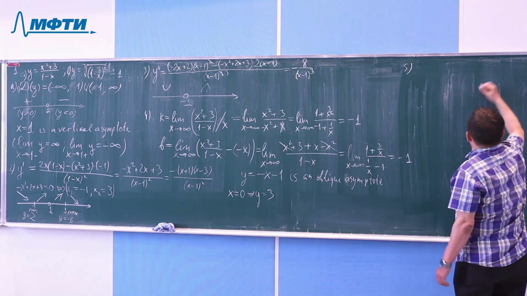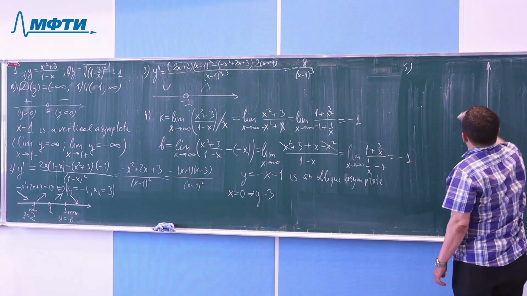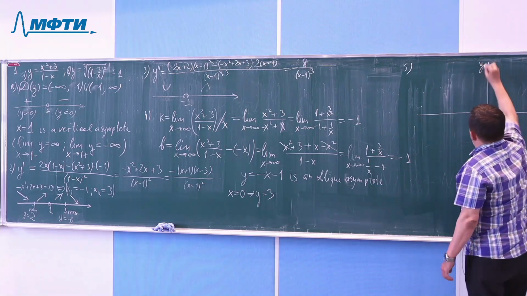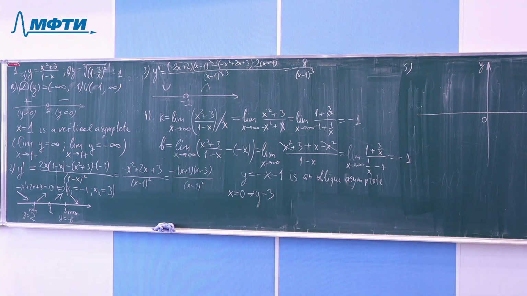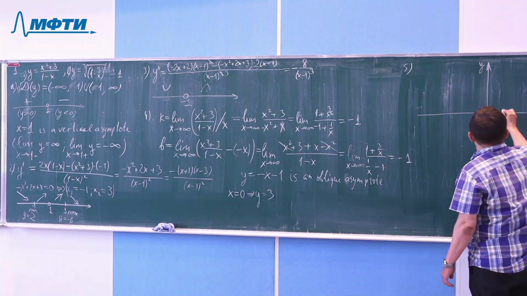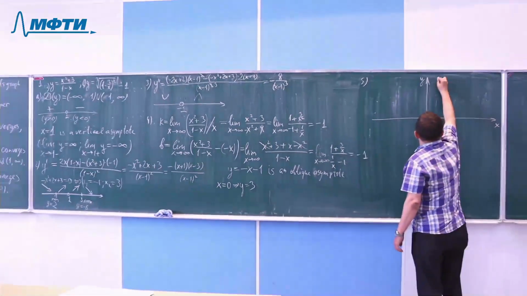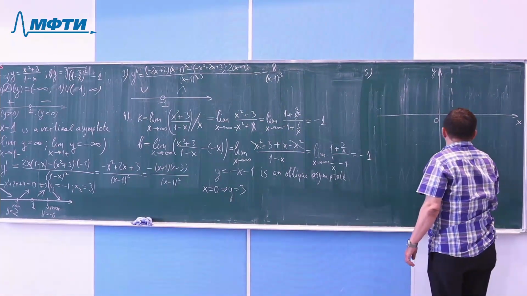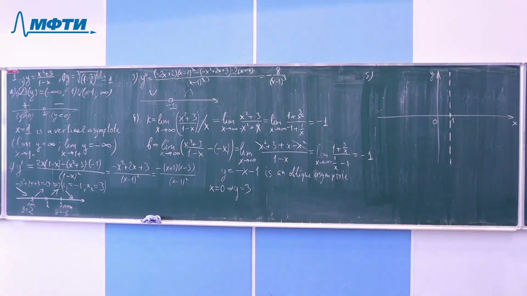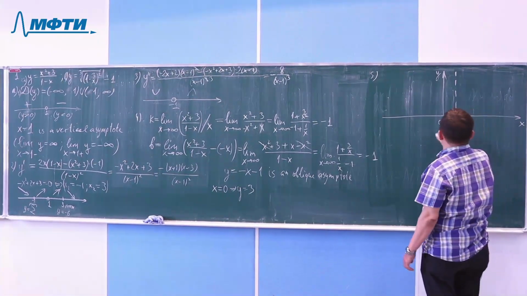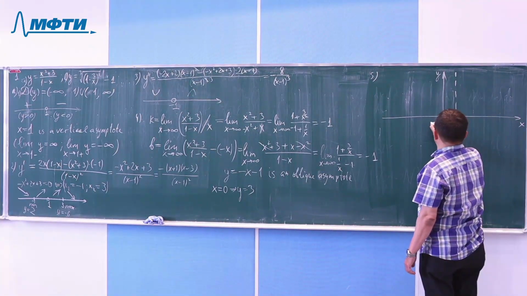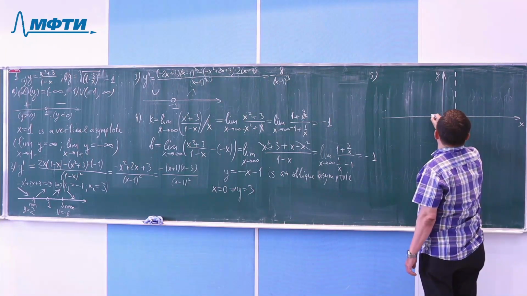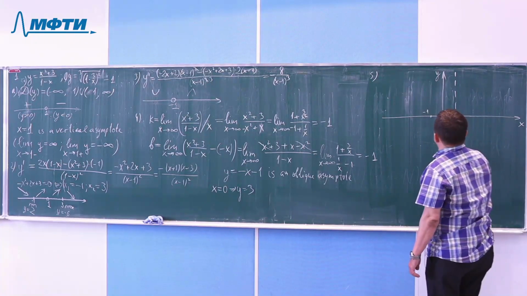So what we have here: we start with asymptotes. We have one vertical asymptote and one oblique asymptote. So x is 0, y is minus 1, and y is 0 for x equals minus 1.